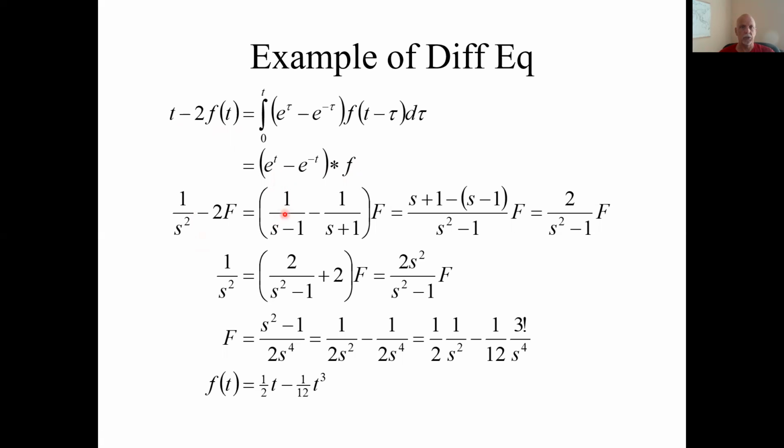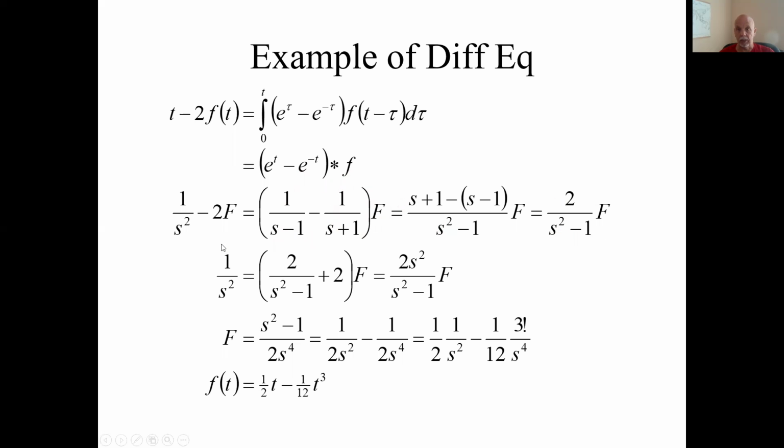So e to the t is 1 over s minus 1, e to the minus t is 1 over s plus 1. Laplace transform of little f is whatever big F is. Now I can get all the big F on one side. Well, actually, not quite yet. First, simplify this thing a little bit. And it's just 2 over s squared minus 1 times F.